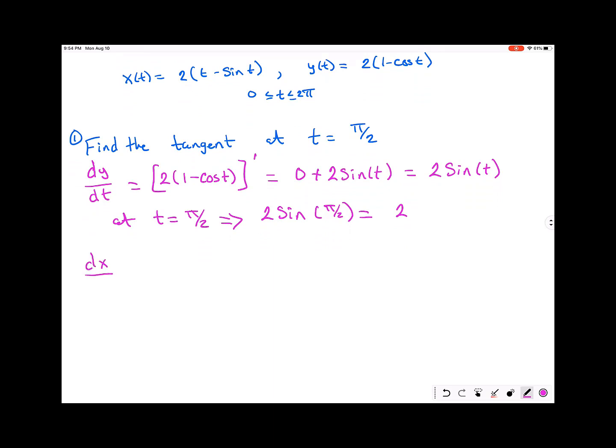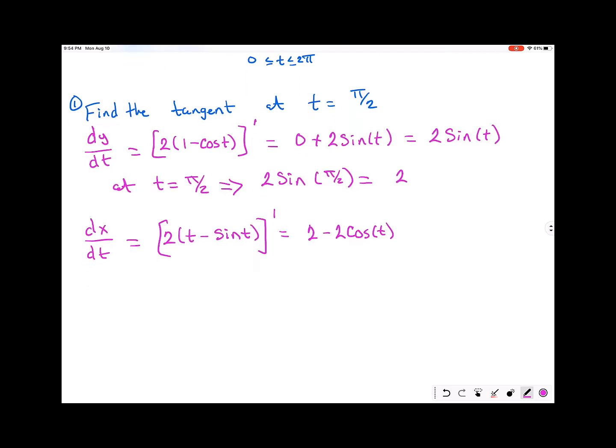Then for dx/dt, we have 2 times (t minus sine of t), and take its derivative with respect to t. That would be 2 minus 2 times cosine of t.